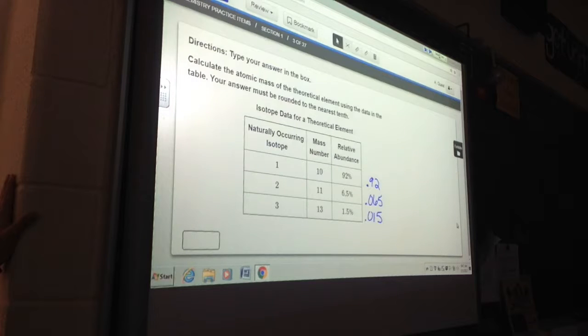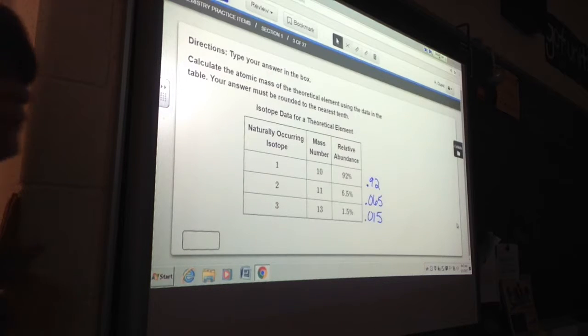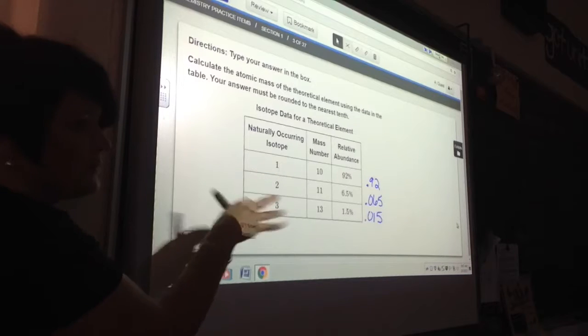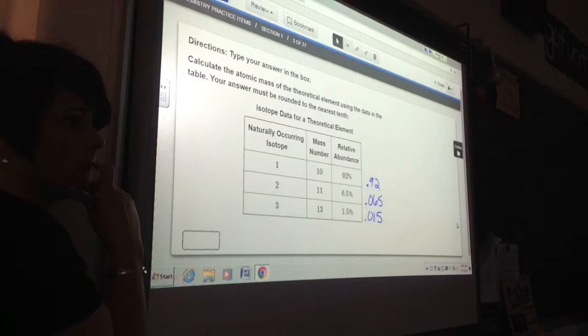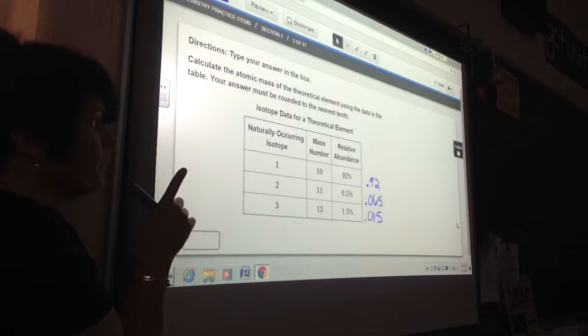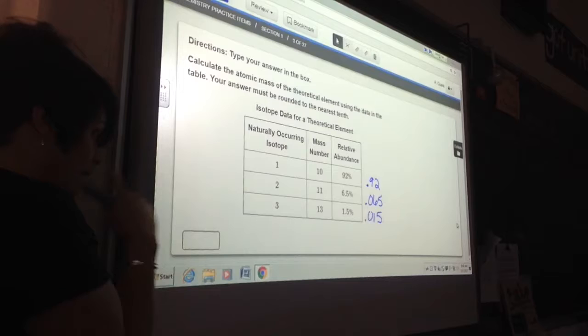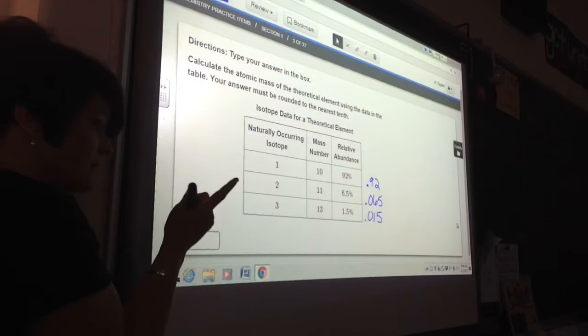Fair enough? We good? Okay, now, anybody remember what we do next? What do we do with the 0.92, the 0.065, etc.? Yes, we put them together with the mass number.